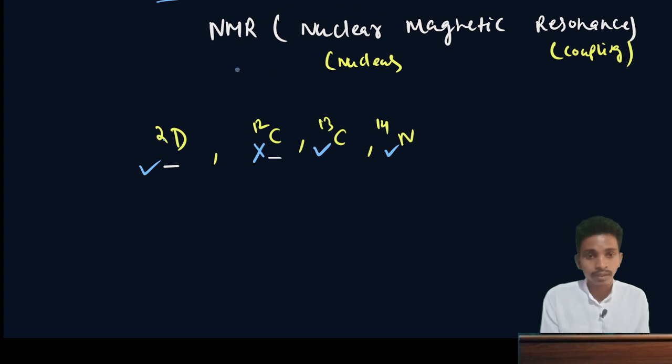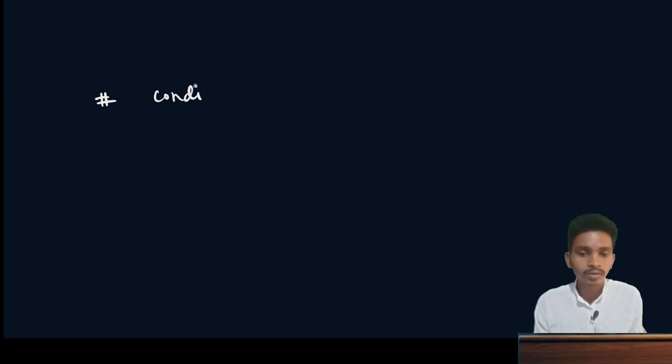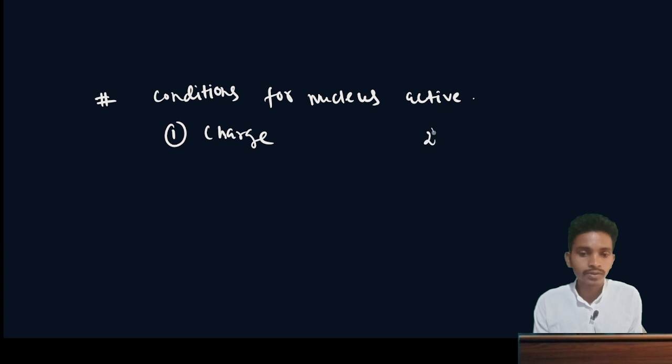So what are the conditions for a nucleus to be active? There are basically two conditions: one is the charge, and the other is spin.